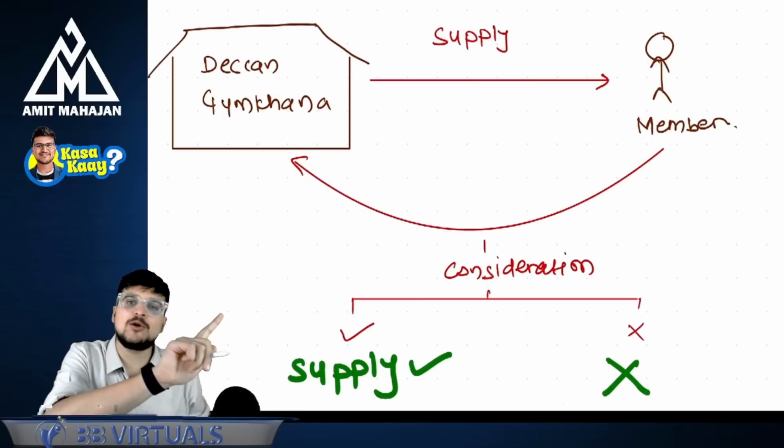If there is a consideration, whether I am using that service for my business or not for my business, it does not matter. It will always be considered as supply. Because the government is saying that if you are importing the service for a consideration, it is a commercial transaction, so whether you're using it for business or not, it will always be considered as supply.